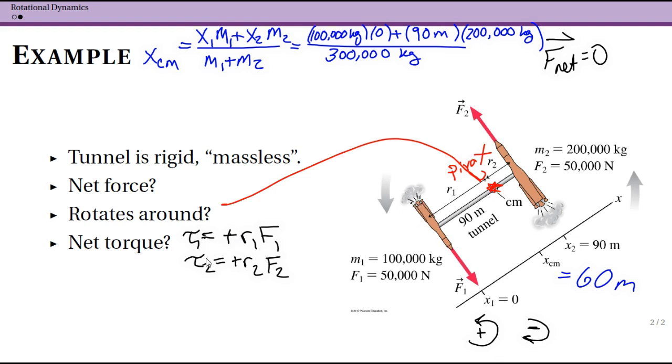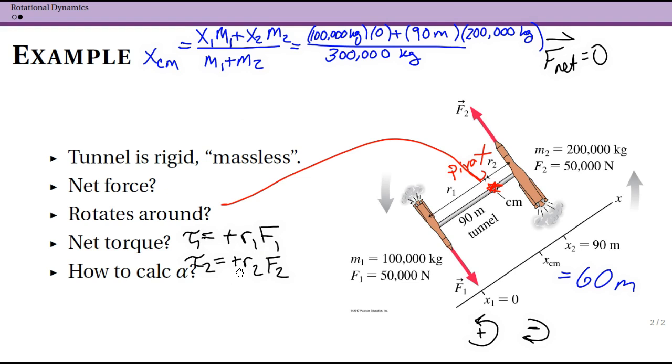That's positive. When I look at my second rocket, it would be pushing this way, which is also counterclockwise, so that's also positive. Now, this picture was already labeled R1 and R2. Keep in mind that the distance that goes into the torque equation is the distance that each force is applied from the pivot point, which in this case is the center of mass.